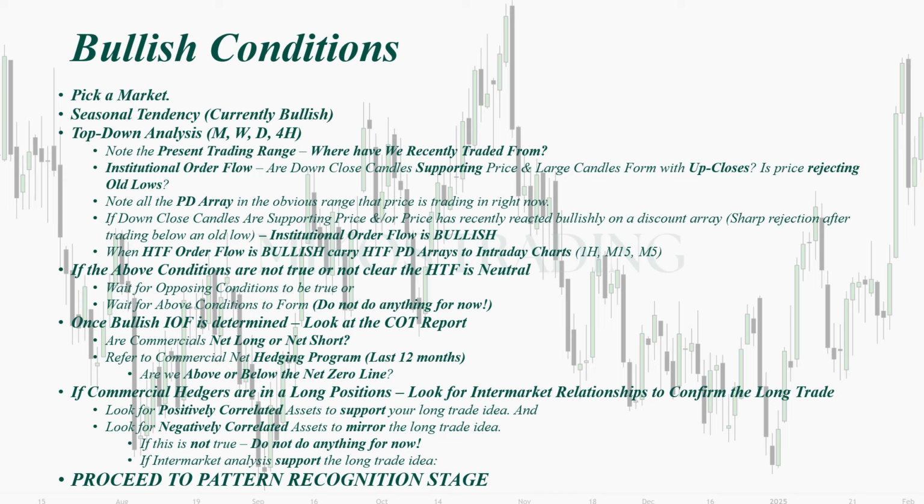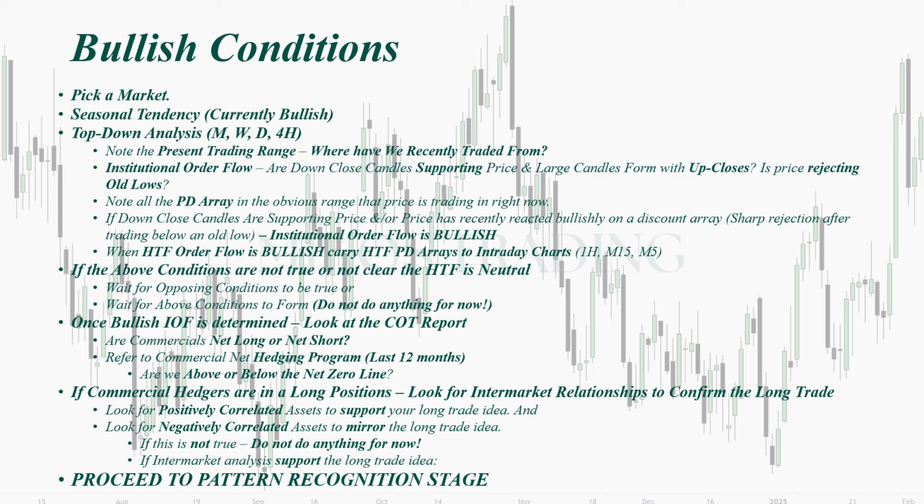If the above conditions are not true or not clear, higher time frame is neutral. Wait for bearish conditions to be true or wait for the above conditions to form. Don't do anything for now. Once bullish institutional order flow is determined, look at the commitment of traders report. If commercial hedgers are in a long position, look for intermarket relationships to confirm the long trade.